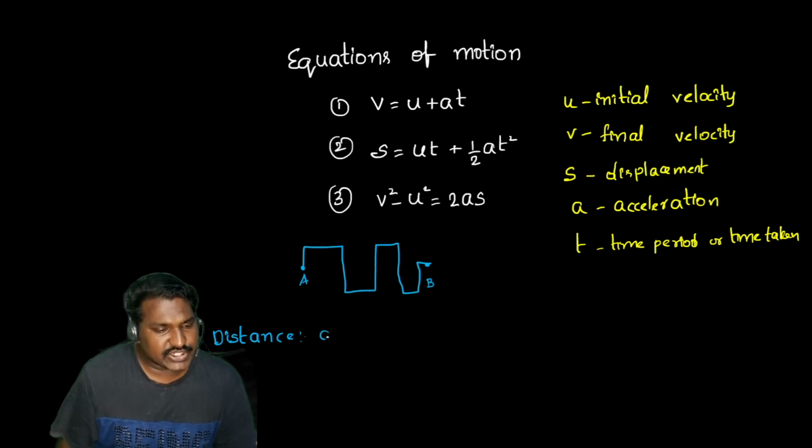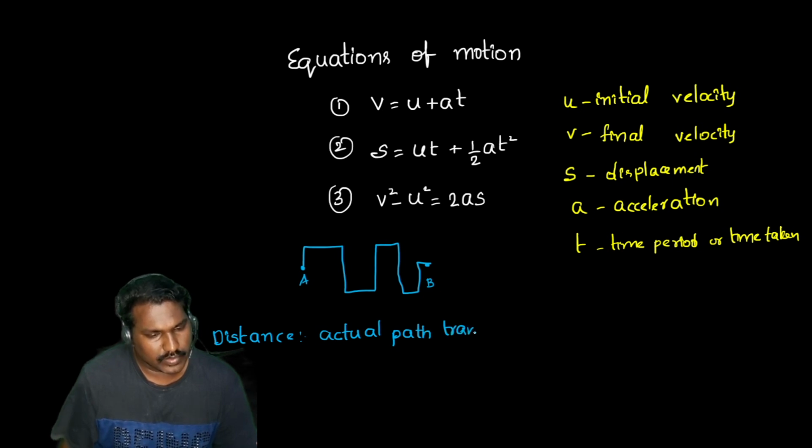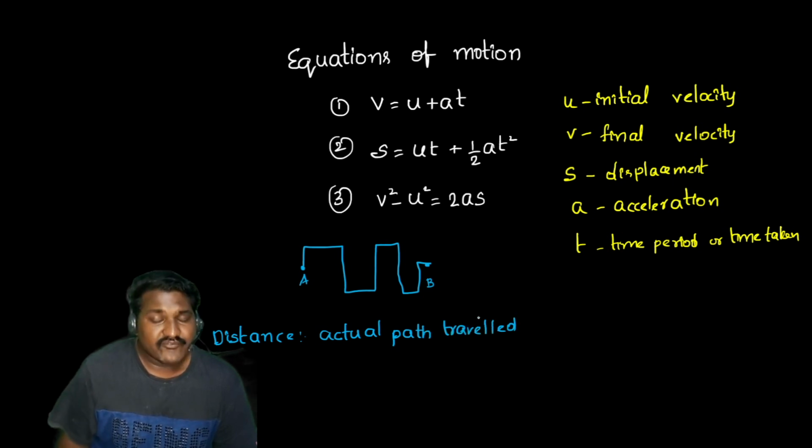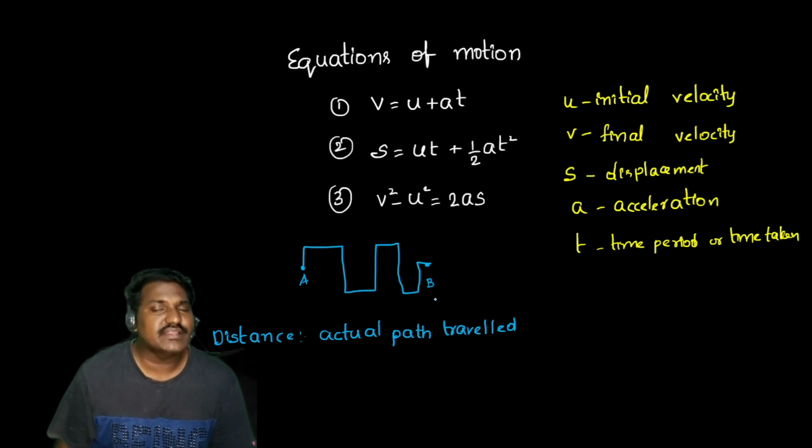Distance is nothing but the actual path traveled, whereas displacement is the shortest path, and usually it is a straight line path between 2 points.